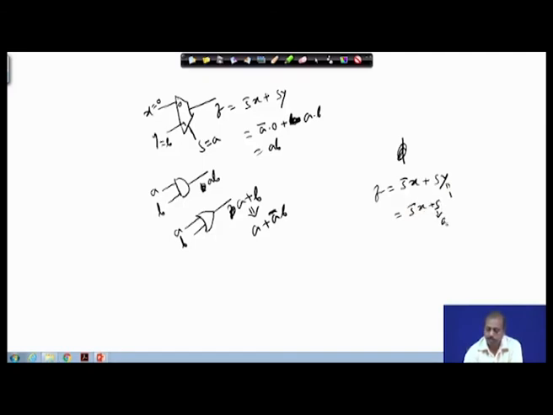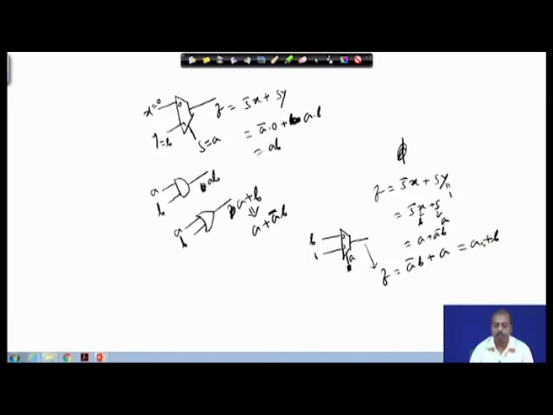Now, if you set s equal to A and x equal to B, this is nothing but A plus A bar B. So, what I essentially get is that on a 2 input multiplexer, on the line x I put B, so this is 0 and 1, and this is my S. On the 0 line you put B, and on the y input, which is 1, and S is equal to A. The function that you get here is f equal to A bar B plus A, that is nothing but A plus B. So, I can get the OR gate also realized.